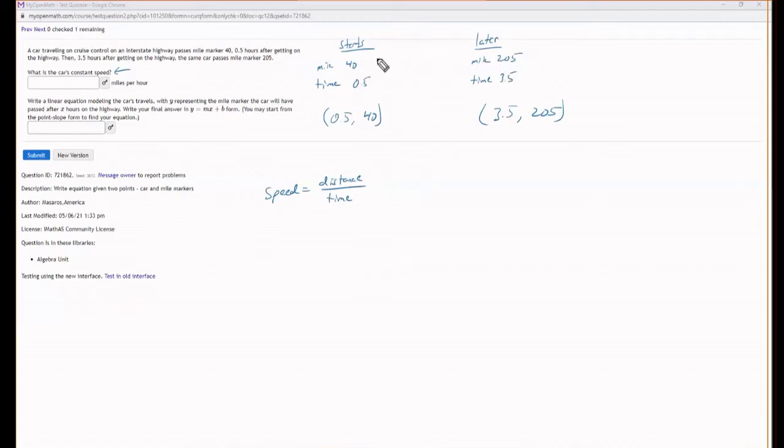So I'm going to subtract the mile markers to see what's the distance traveled. Okay, so we're going to take 205 minus 40 and then look at the amount of time it took. So 3.5 minus 0.5. Okay, so we look at the change in mile markers to get the distance traveled, and we look at the change in time to see how long it took.